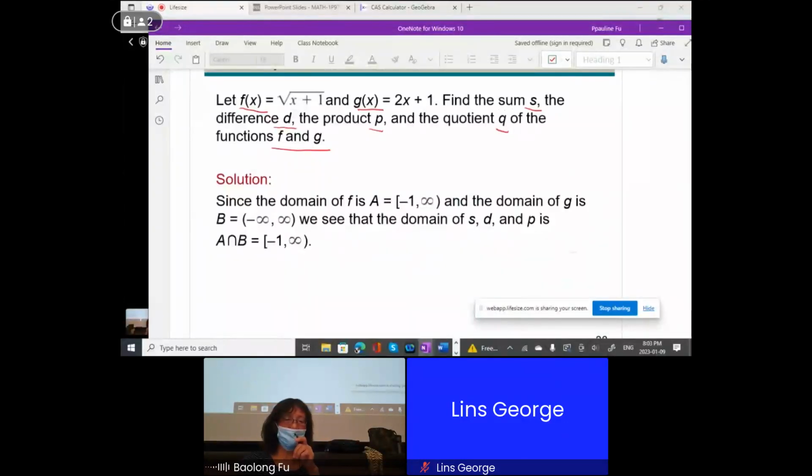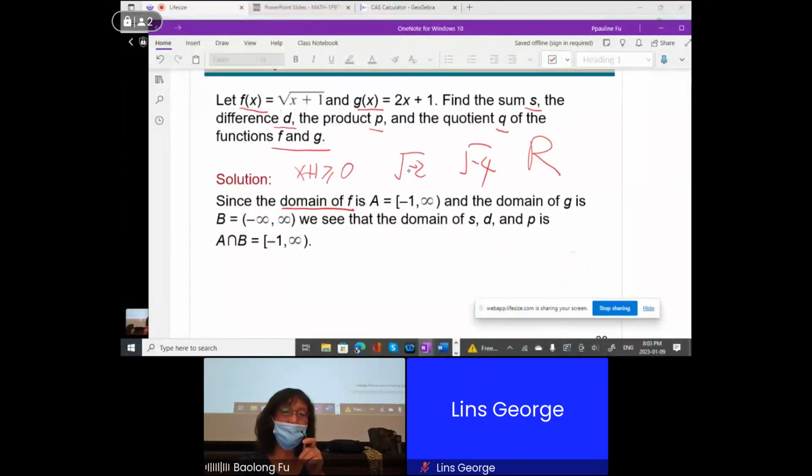So first, we need to know what is the domain of f. The domain of the function is all the x values that are allowed. Because this f is a square root, anything under a square root must be greater than or equal to 0. You cannot have the square root of -2 or -4 in the real numbers.